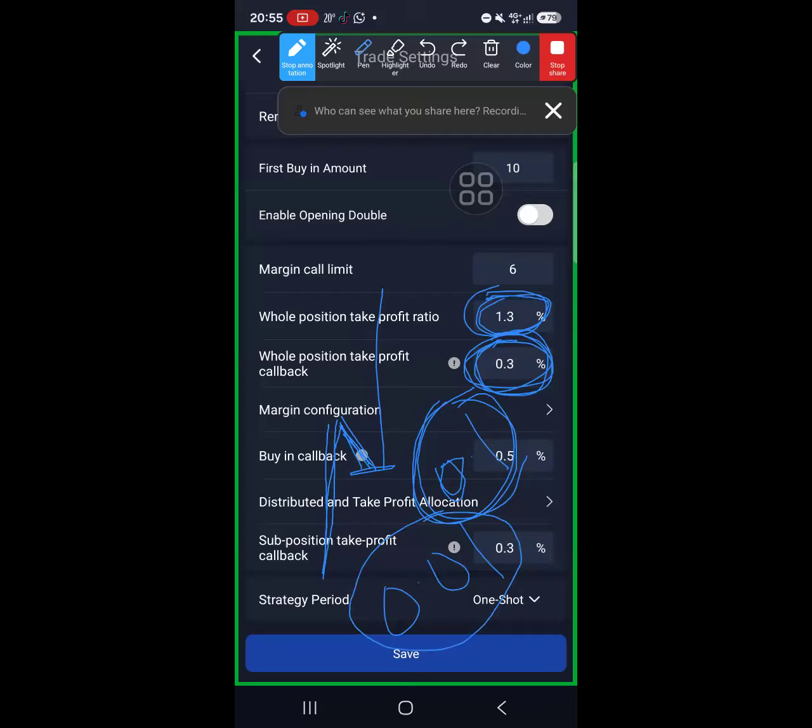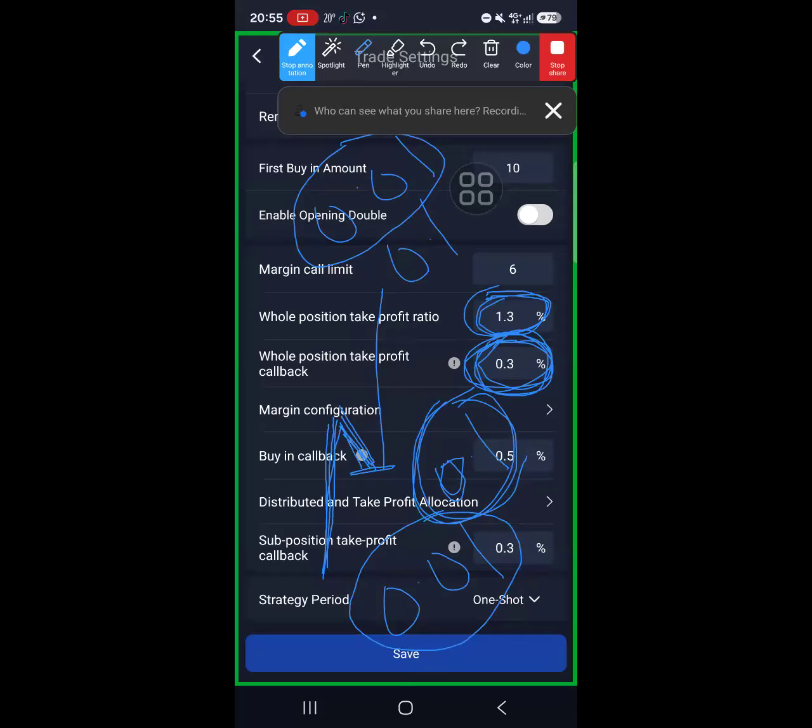So when somebody is asking, what is the difference between 0.3, 0.1, 0.01, I just want you to understand how these things work. Okay, how do they work? So if the price is rising and then it drops by your callback. If your callback is 0.01, it means it is a small drop. It means the robot is not going to waste time here.